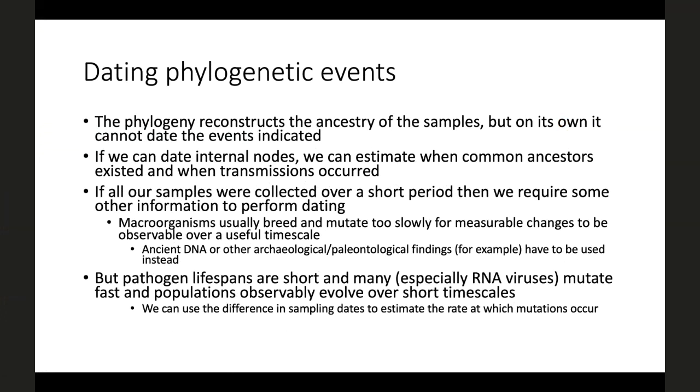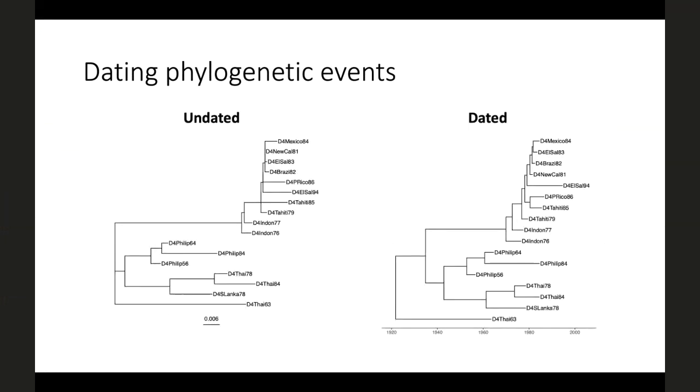But the nice thing about pathogens is that their lifespans are very short, and many of them, especially RNA viruses, mutate very fast. So populations observably evolve over short timescales. And what we can do is use the difference in the sampling dates we've got to estimate the rate of mutations without having to appeal to old DNA or to some other reference point.